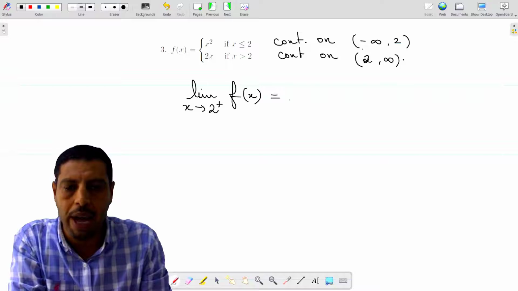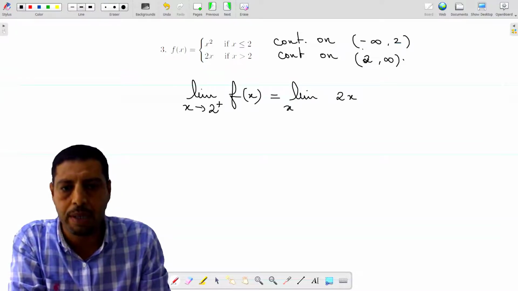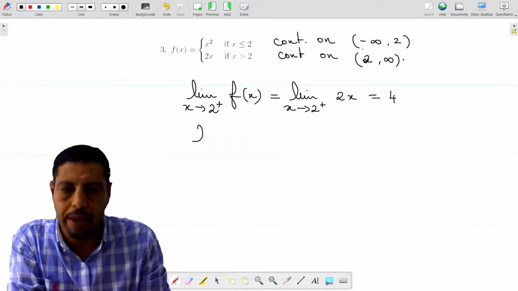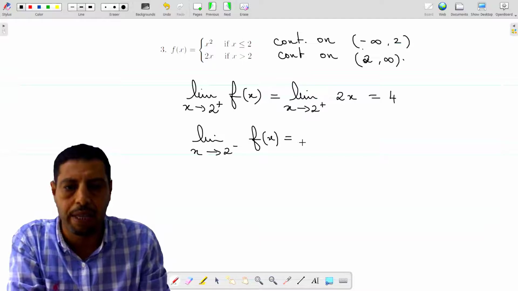So it's the limit of 2x as x approaches 2 plus, and this limit is 4, because if you replace x by 2 here, you're going to find 4. Now, the limit to the left of 2 is given by the first expression, because 2 minus means x less or equal than 2.